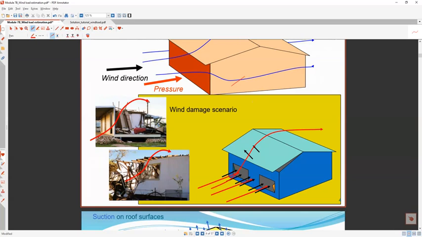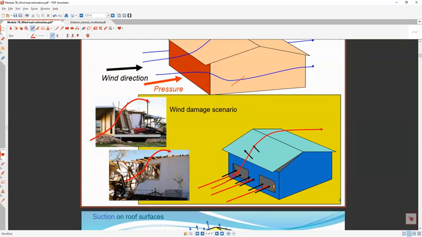If you look at this scenario, this actually explains a lot of the story. These windows can either be open or be broken. So if you look at the internal pressure calculation, which will come in when we solve the problem, these openings will be very, very important. If it is enclosed in such a way that the wind cannot flow inside, that is all right.